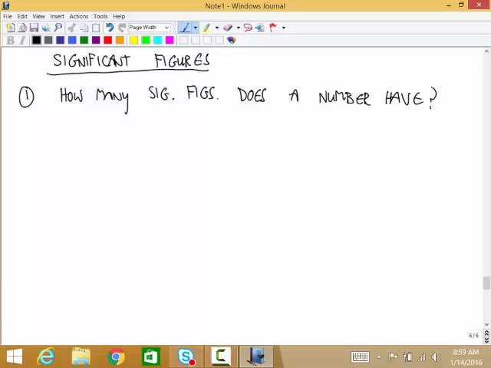The easiest way to calculate that is to put it in scientific notation, and then every figure before the 10 is significant.